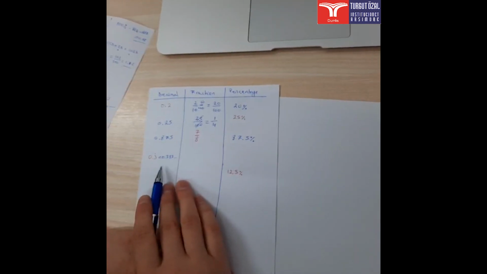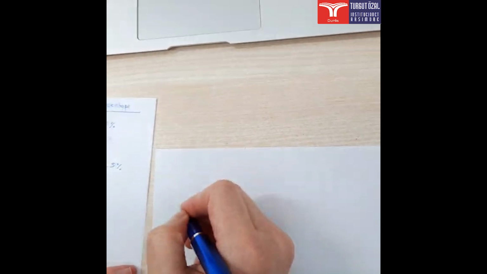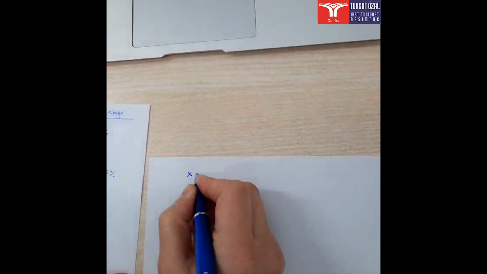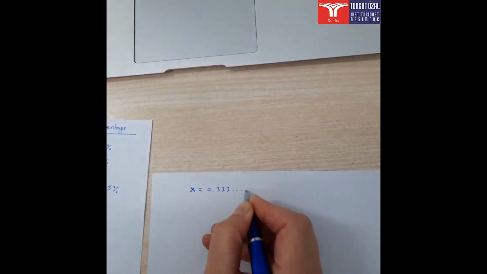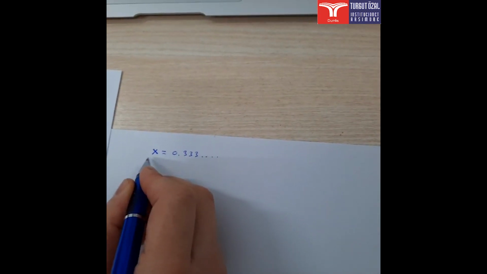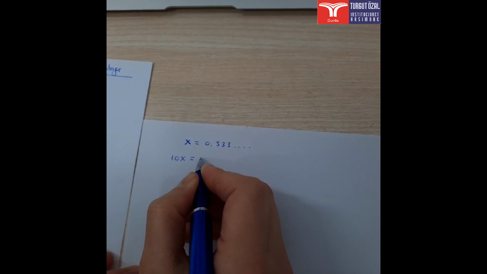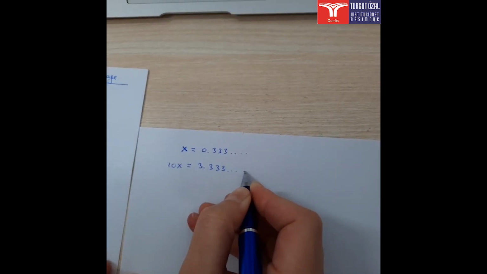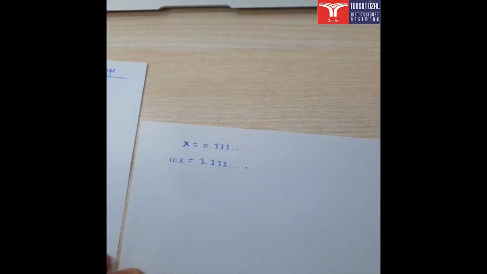Since I don't know the fraction, I'm showing it with x. So my fraction is x, and it is the same as the number 0.333, which continues. Then let's multiply this x with 10. So 10x is equal to 3.333 and so on. If I multiply this one with 10, it means I'm multiplying this side too.